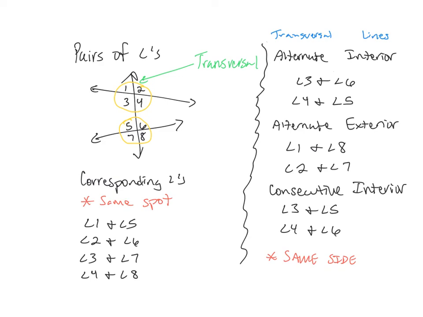Okay, but I'm going to make a comment that if you cannot identify in the picture that you're looking at on the screen right now which ones are corresponding, which ones are alternate interior, which ones are alternate exterior, and which ones are consecutive interior, you are going to fail this chapter. Because it's only 4 sections long, it's really fast.